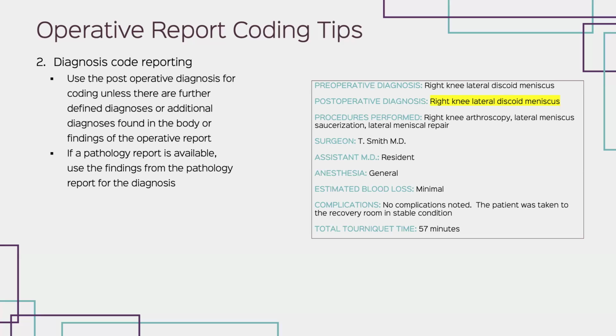We go in to perform the procedure and we realize that there's a different scenario or a different condition, and that might change the procedure that we do. So we always want to go with that post-op diagnosis, as I said, just to make sure that we're always reporting the most accurate condition that is there for the patient.